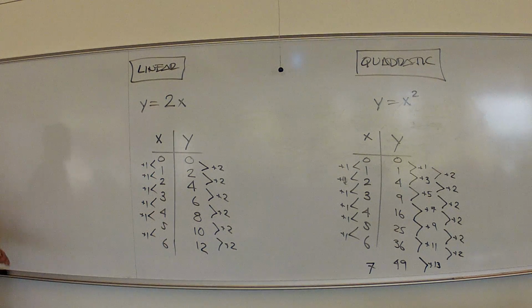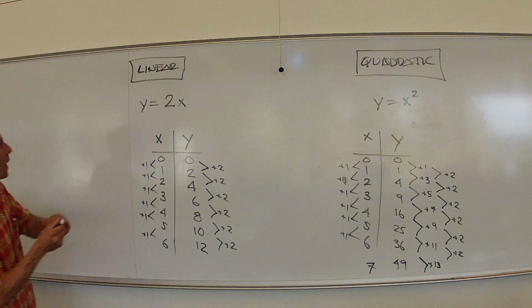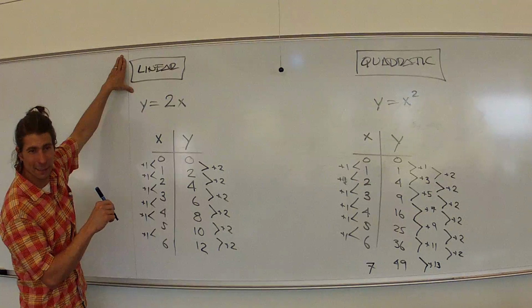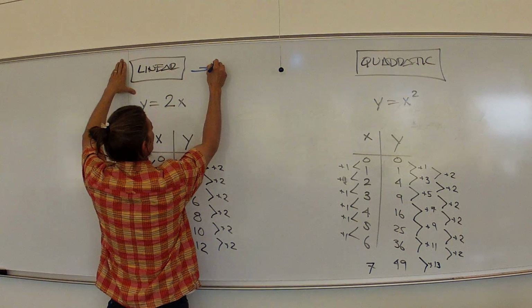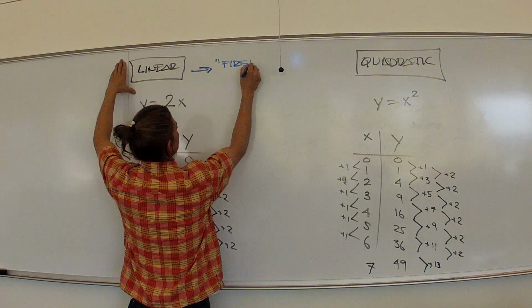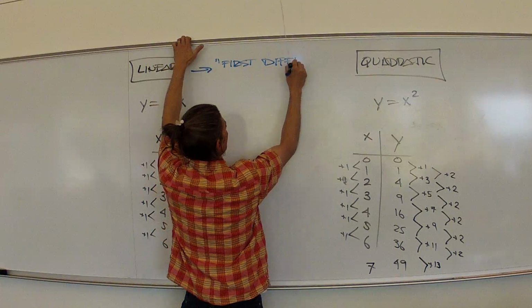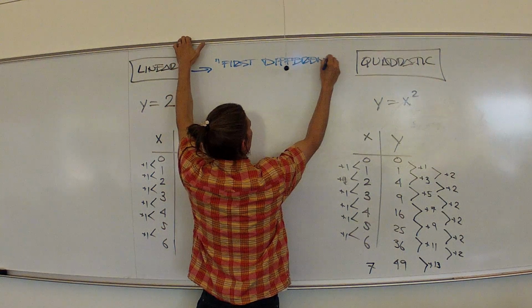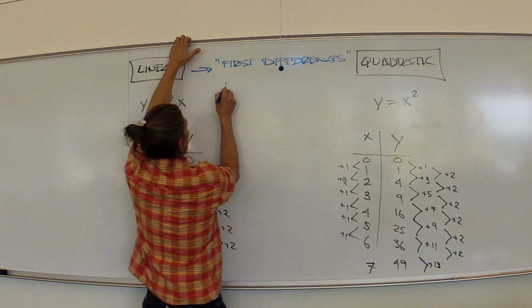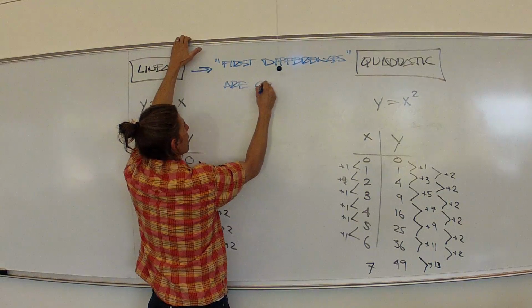So essentially, what you want to take away from this, and we'll explore this more in your homeworks, is that when you have linear data, the first differences are constant.